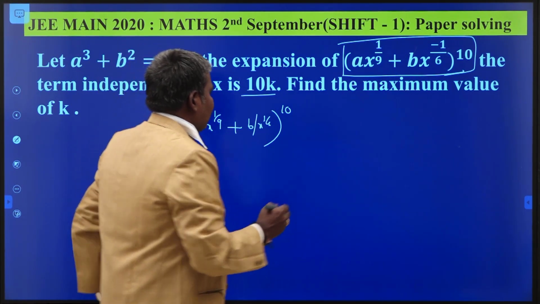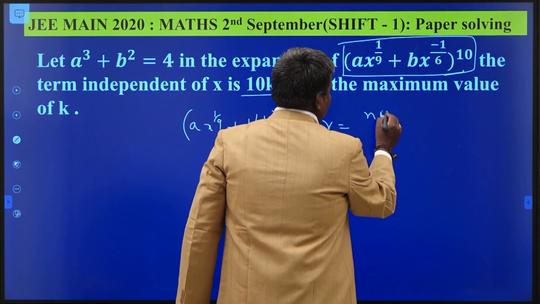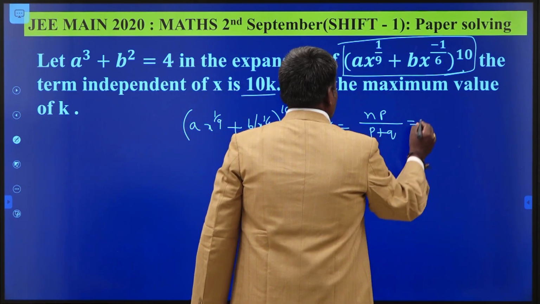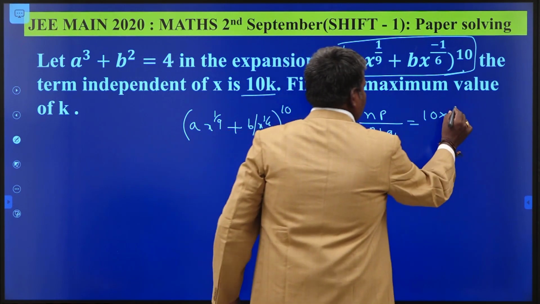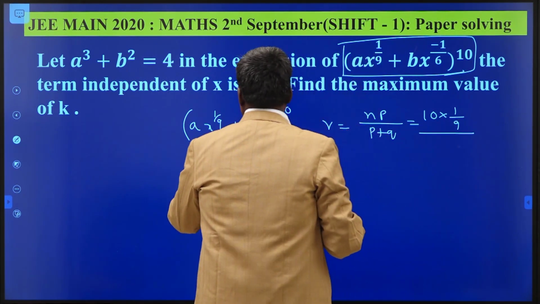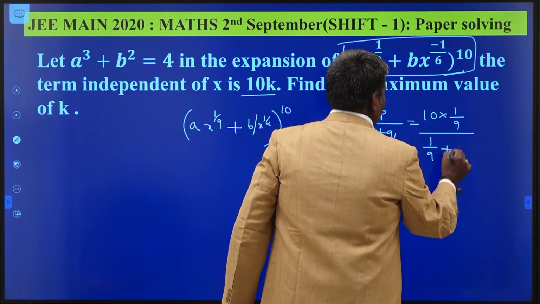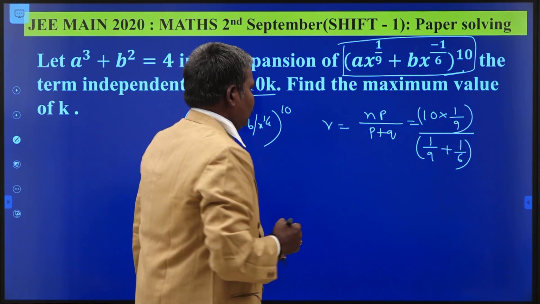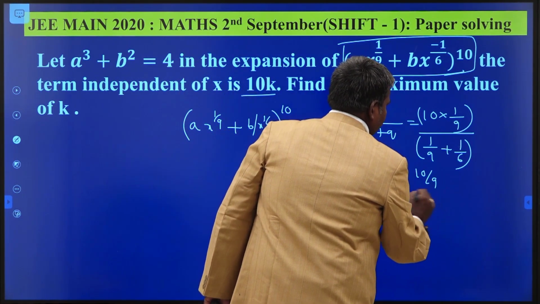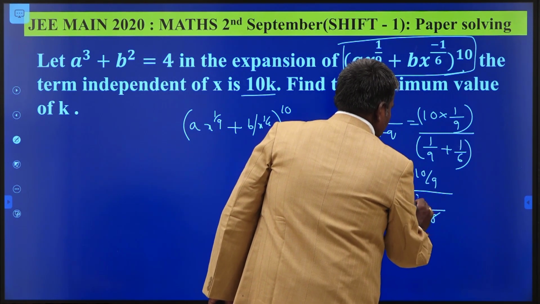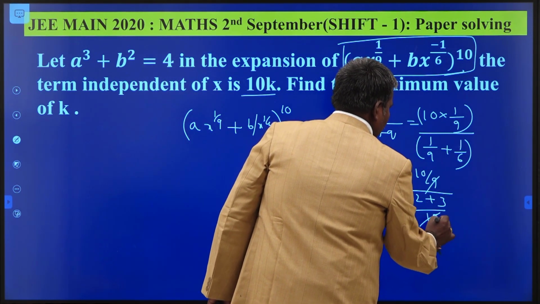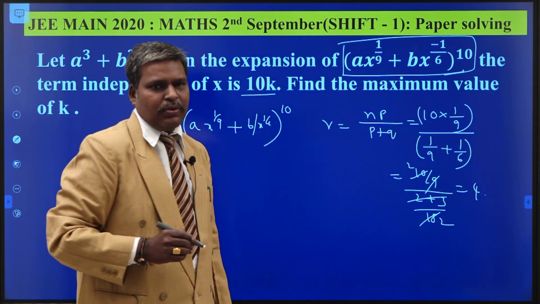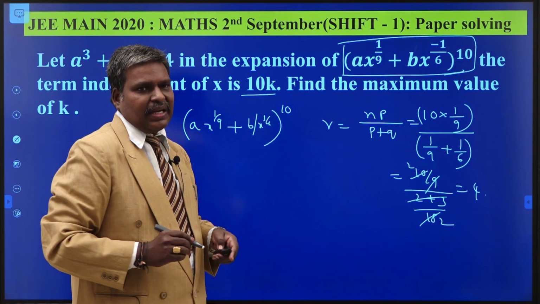To get the term independent of x, the value of r is r equals np by (p plus q), as all of you know. Here n is 10, p is 1 by 9, p plus q is 1 by 9 plus 1 by 6. So this is 10 times (1 by 9) divided by (the LCM 18, that is 2 plus 3 over 18), 9 twos, 5 twos, 2 twos are 4. So the value of r is 4. So in the fifth term we get the term independent of x.